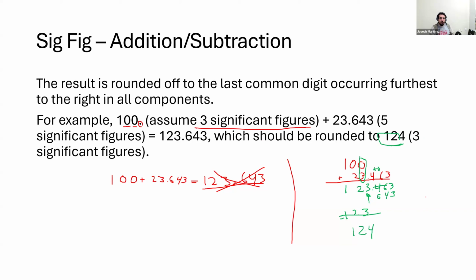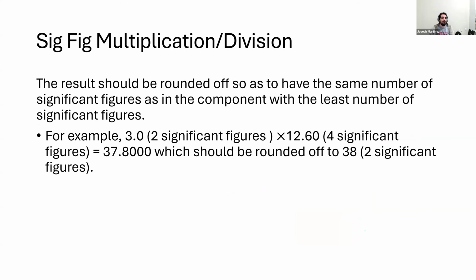Okay, well, that's wonderful. What about when we get on to the other operation, right? Multiplication and division. Well, multiplication and division is actually sometimes thought of as being a little bit easier because the result is going to be rounded to the least number of significant figures in any of the components of your operation.